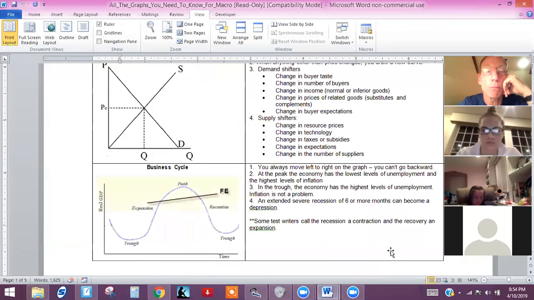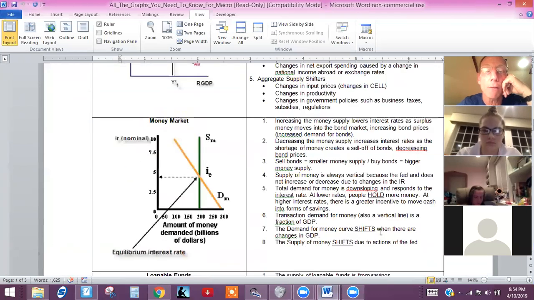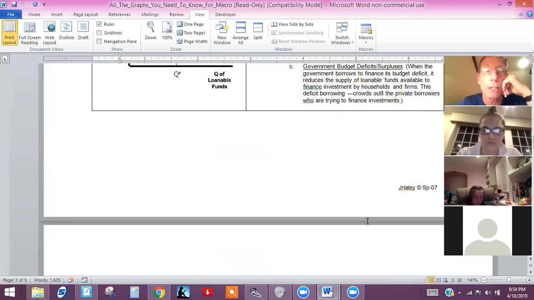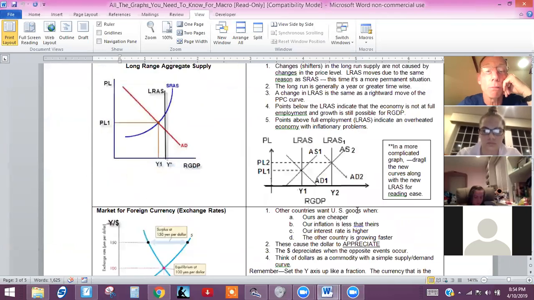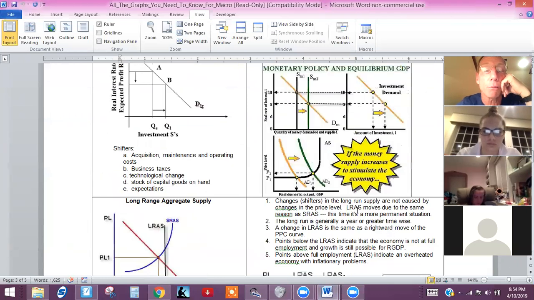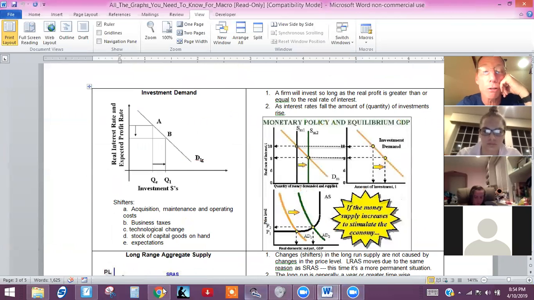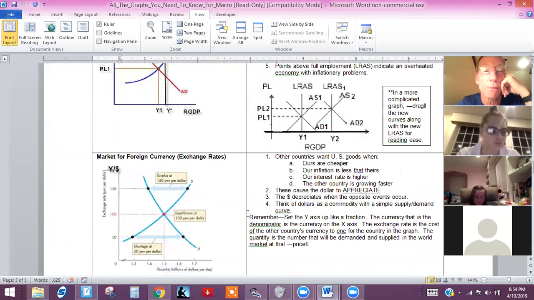And see, in your curriculum, they don't show you any graph with net exports. I don't know why they don't, but they don't. So they're expecting you to know that for a different reason, and the different reason is because I would just use the net export graph, but I want you to be able to do it with the graphs you have.